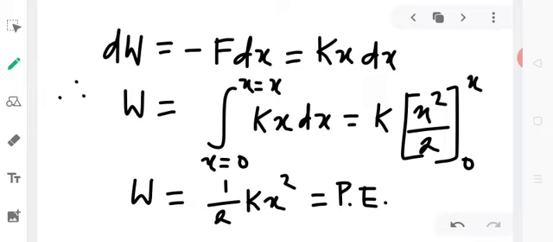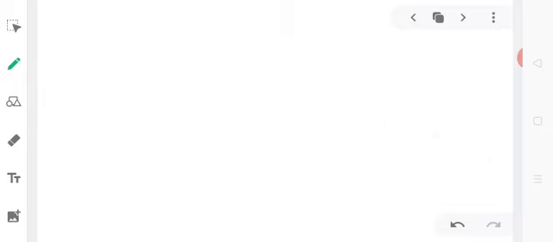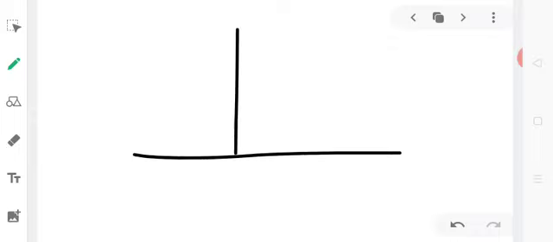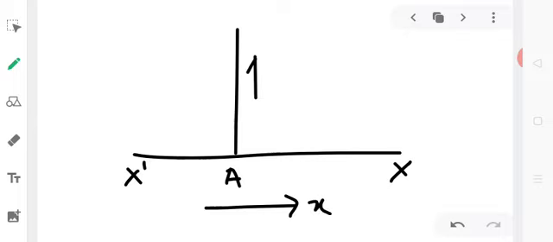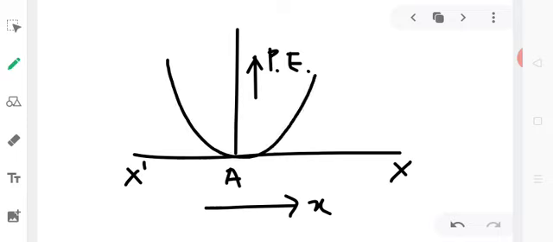Now if we plot a graph showing the variation of potential energy with distance, then the graph will be like this.